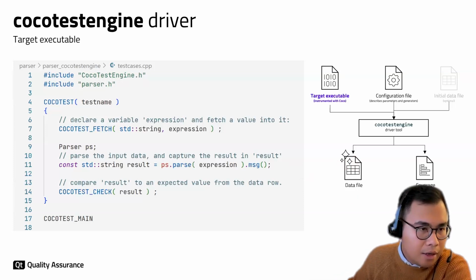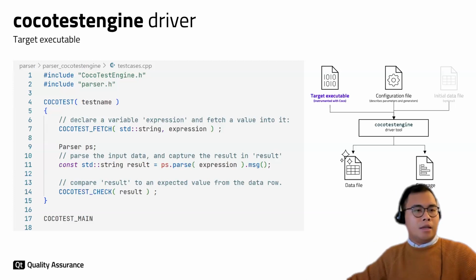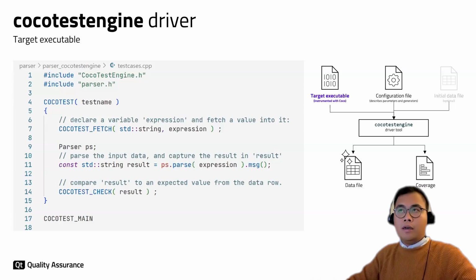Last question. That means that we can test data one by one manually. If so, does it provide any user-friendly GUI for that? Currently, we don't have any GUI, at least on the level of Coco Test Engine.